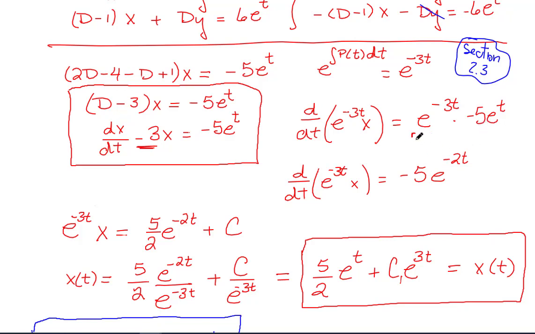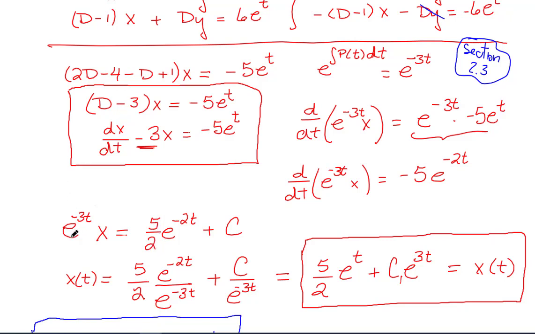So on the right, I've got a minus 3t and this t, so a minus 2t. All right, continue cleaning this up. All right, we integrate both sides. Integrate this by substitution. I get a minus 1/2, making this a positive 5/2.